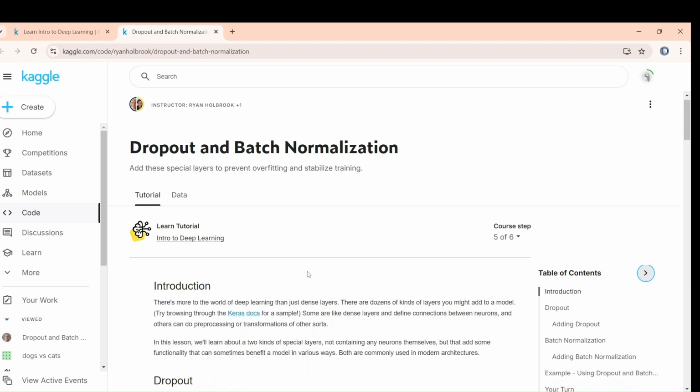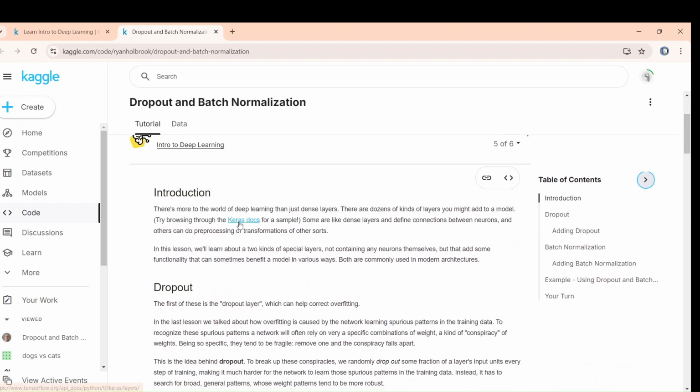Okay. Let's read. There's more to the world of deep learning than just dense layers. There are dozens of kinds of layers you might add to a model. We have learned how to implement dense layers in a neural network, but they are saying that other than dense layers, there are other types of layers.